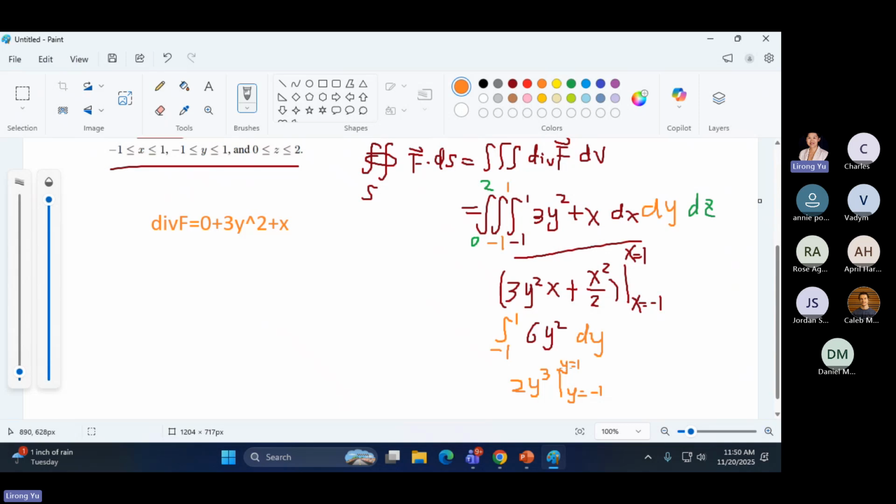When y equals 1, you have 2 times 1, that is 2. When y equals -1 it is -2, and 2 minus -2 gives us 4. So then finally, since the integration is 4, you'll have 0 to 2 for the z, and then integration of that, you know what it is.